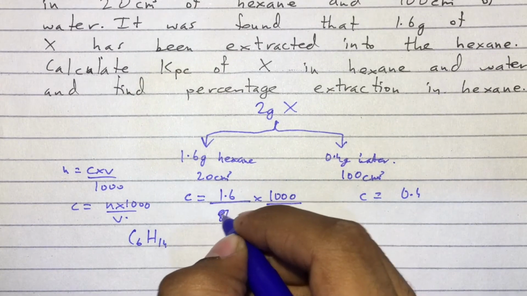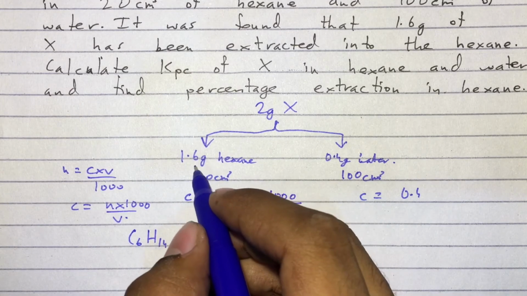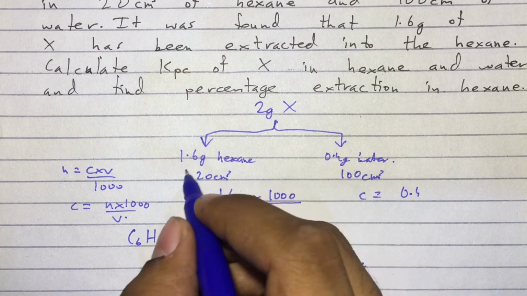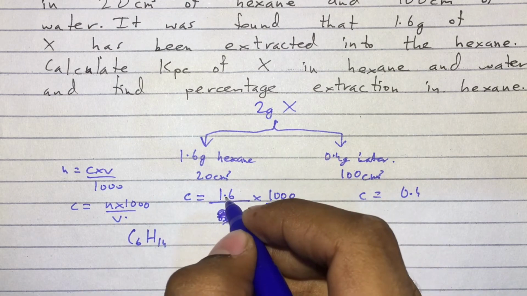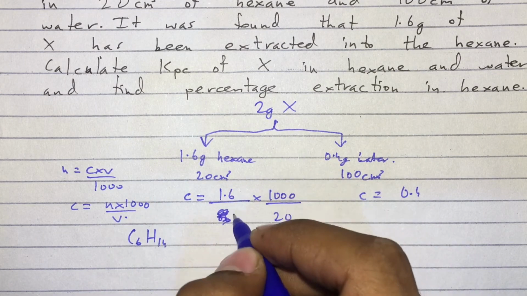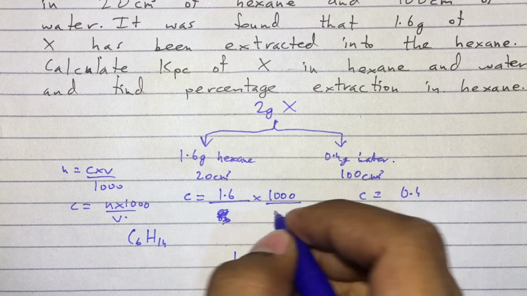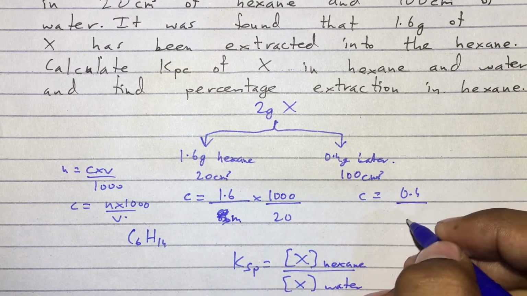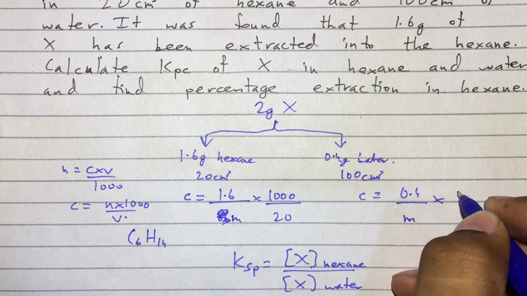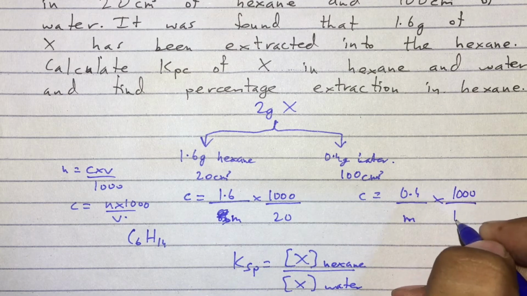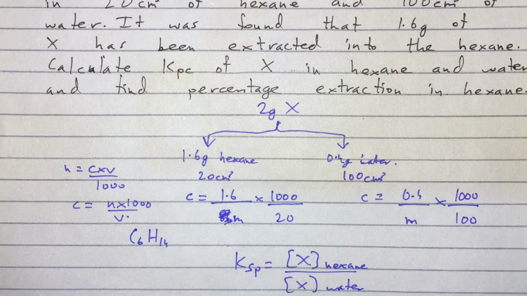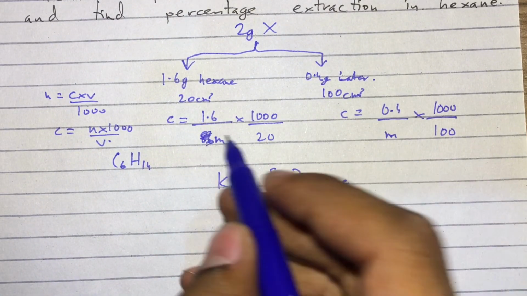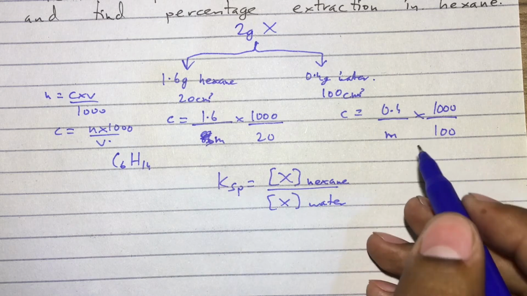Sorry, I made a mistake. Basically the number of moles have to be of X, so we need to find the moles of X. So 1.6 upon the Mr of X, let's say the Mr of X is m, into 1000 upon 20, and over here again Mr of X is m, into 1000 upon 100. So this is the concentration in hexane, this is the concentration in water.